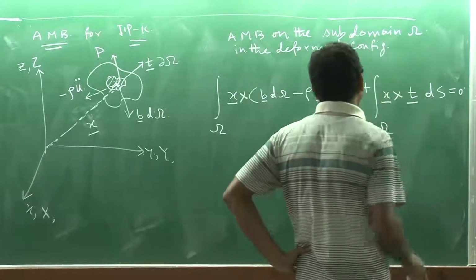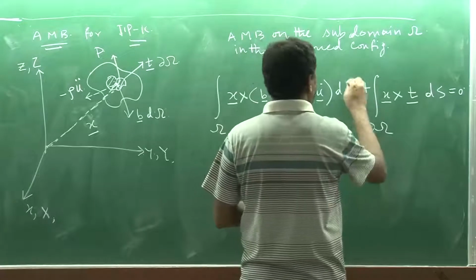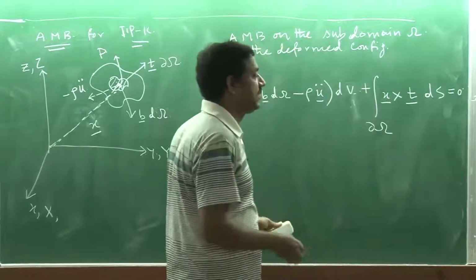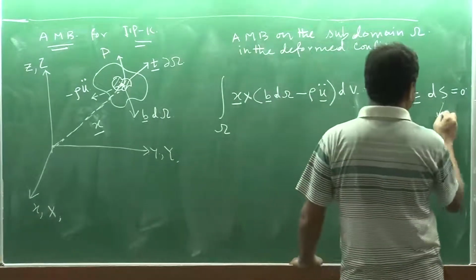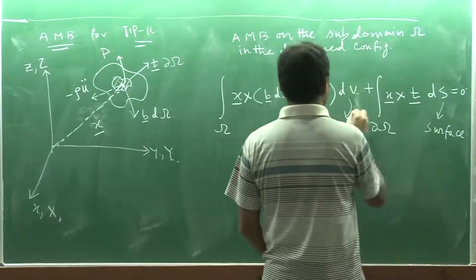Surface that I am considering, this is volume and this is surface. You understand, S is the surface, omega for volume, S for surface. So, the differential of surface and the differential of volume.